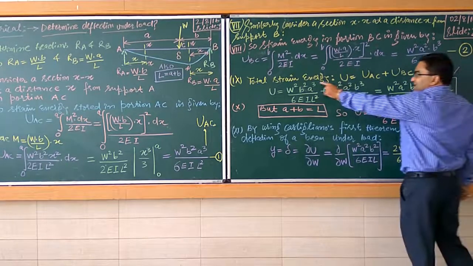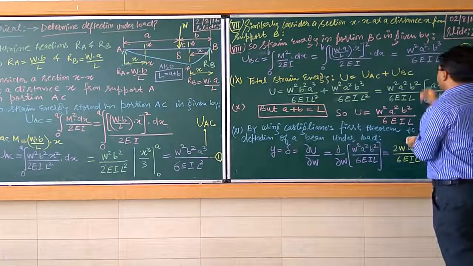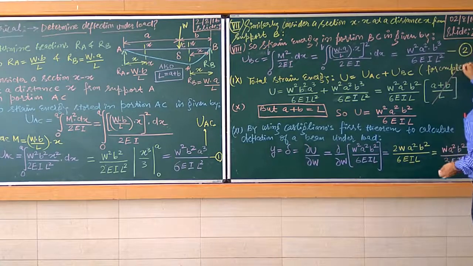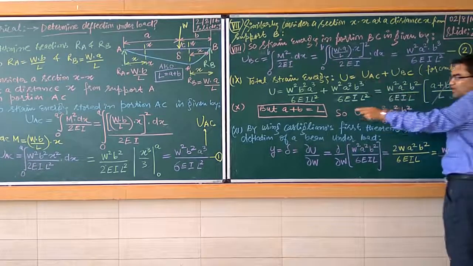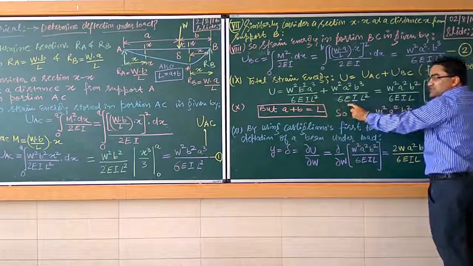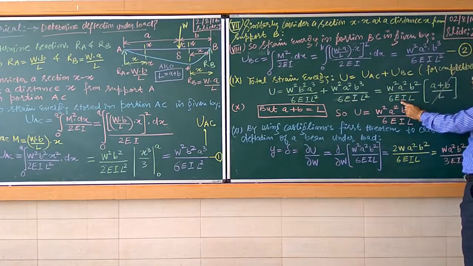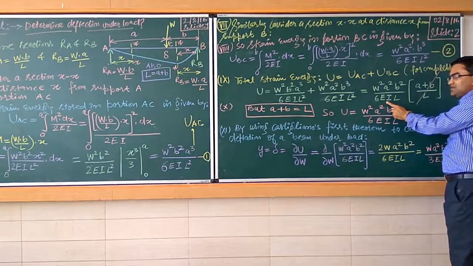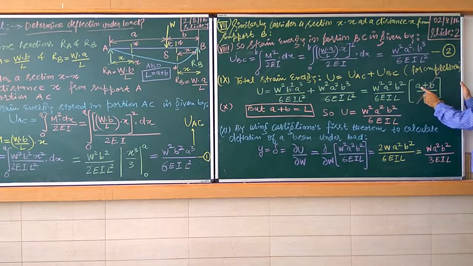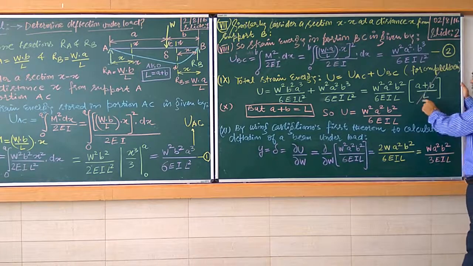So the total strain energy in the complete beam: we are adding equation number 1 and equation number 2, and from these two equations we take out what is common, W square a square b square upon 6EIL, and in the bracket comes out a plus b upon L, where a plus b is equal to the complete length of the beam, so they get cancelled.